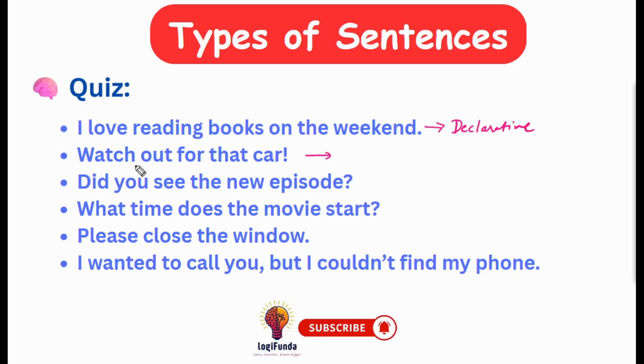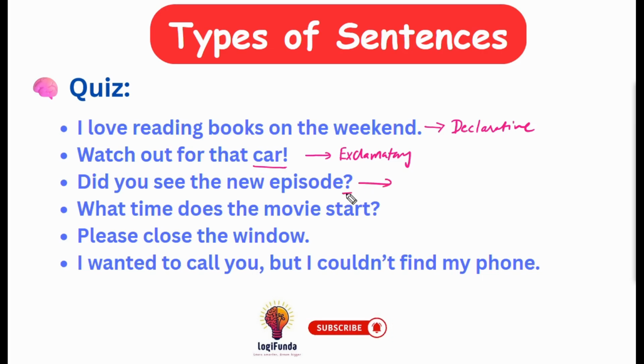Another we have, watch out for the car, and then they have used this exclamatory mark, right? So when you use this exclamatory mark, what type of sentence is it? These are exclamatory sentences, right?